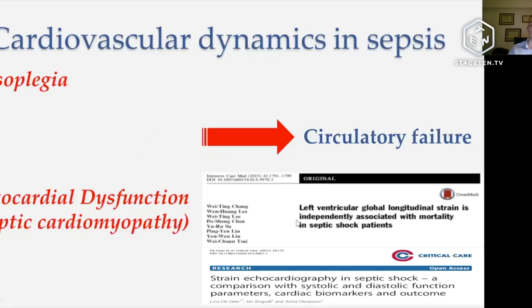So they showed 100% worsening in diastolic function in rabbits treated with endotoxin and therefore brought to septic shock.